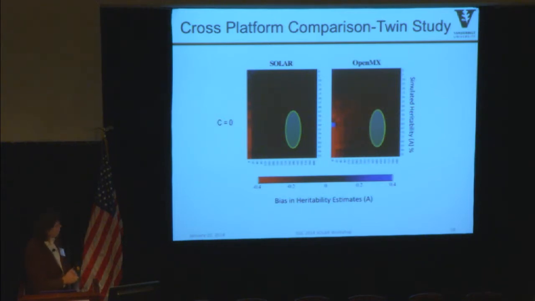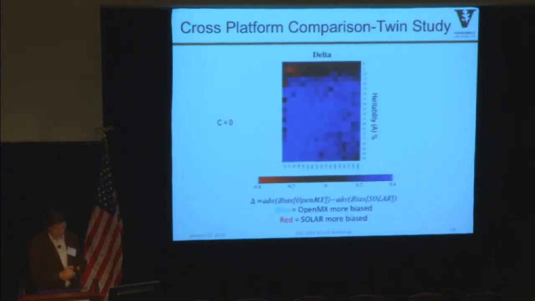Okay, that doesn't look so bad, but if we put that onto the bias map, that is about there. And so the difference between them in terms of bias is on the order of 0.3, maybe 0.4, somewhere in there. That's not a trivial amount of difference in bias between Solar and OpenMX in that approximate range with approximately 400 subjects.